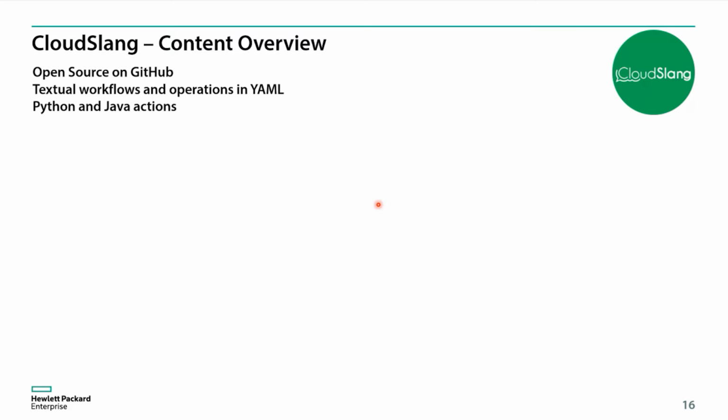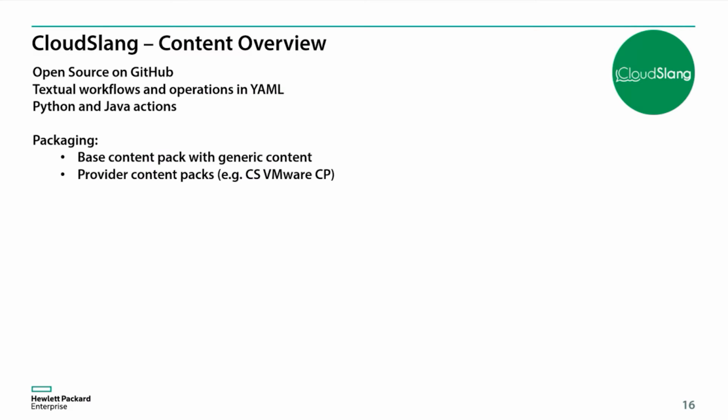So, content overview. As I mentioned, okay, let me move this pointer so as not to confuse you. Open source on GitHub. We are talking about textual workflows and operations in YAML base, human readable, with Python and Java actions. But there are a few things I still want to talk about before we jump to the workflow designer. We need to discuss briefly packaging.